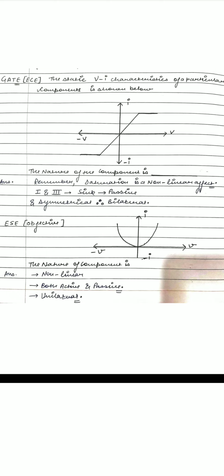So whenever we get this type of answer, we say it is active as well as passive, or globally active. This is the first point to remember. Now it is unilateral. Why? Because the graph is not symmetrical either in the first and third quadrant or in the second and fourth quadrant. It is not symmetrical, so therefore it is unilateral.